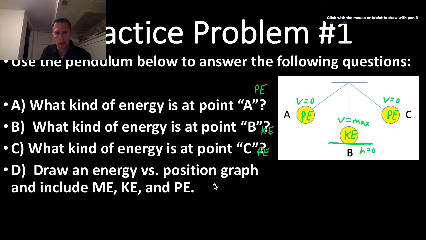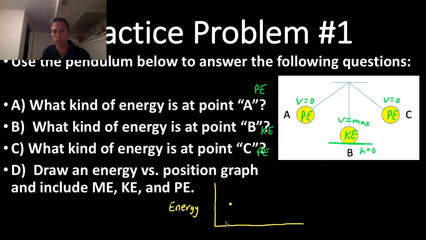If you draw a y-axis here, let me see if I can do it straight, and an x-axis, and say the y-axis is energy. The energy of this pendulum bob as it swings back and forth. And on the x-axis, we're going to have that be its position.